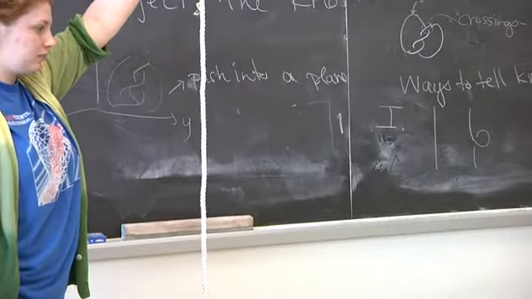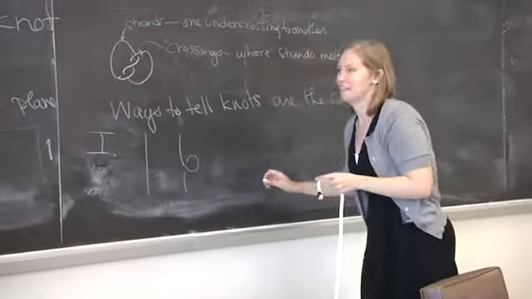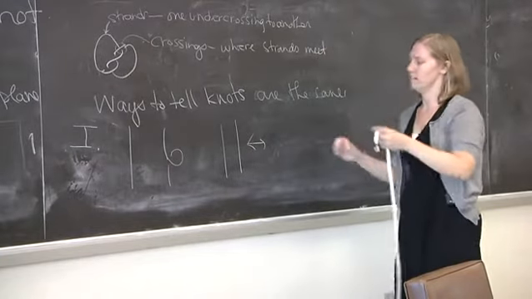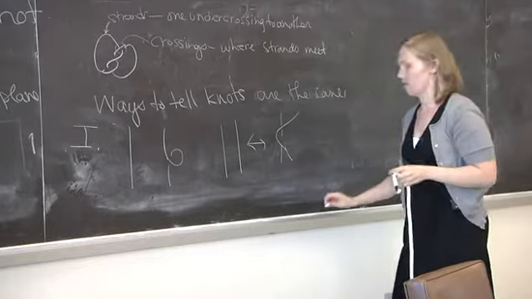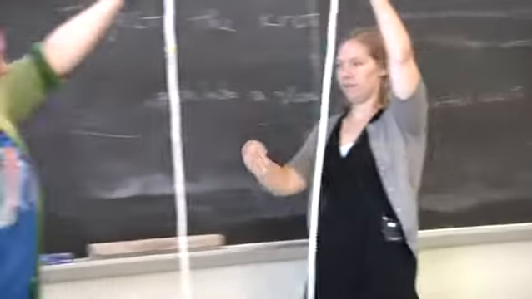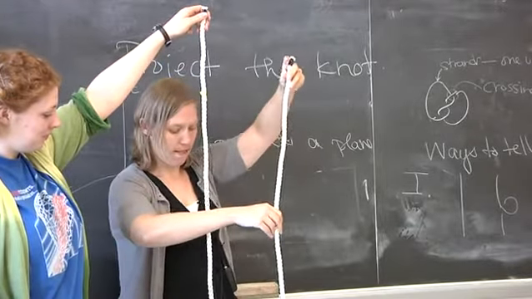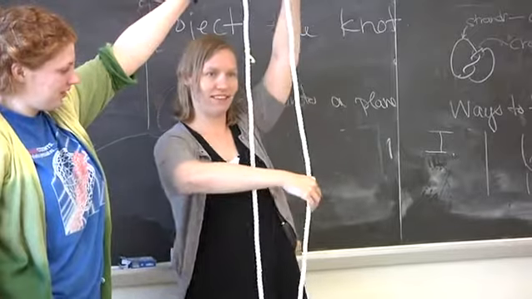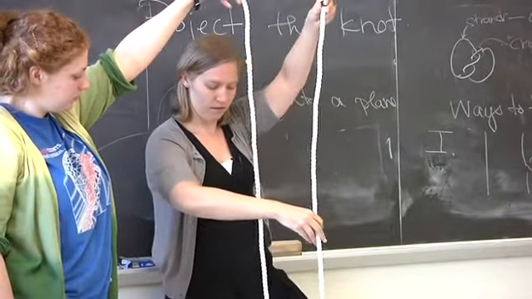Another way, and this is the Reidemeister 2, just stay right there, Emily. You take 2 parallel strands of the knot and you cross one over the other one. So that corresponds to this. So you can do this or this. Okay, so that's a Reidemeister 2, like that.